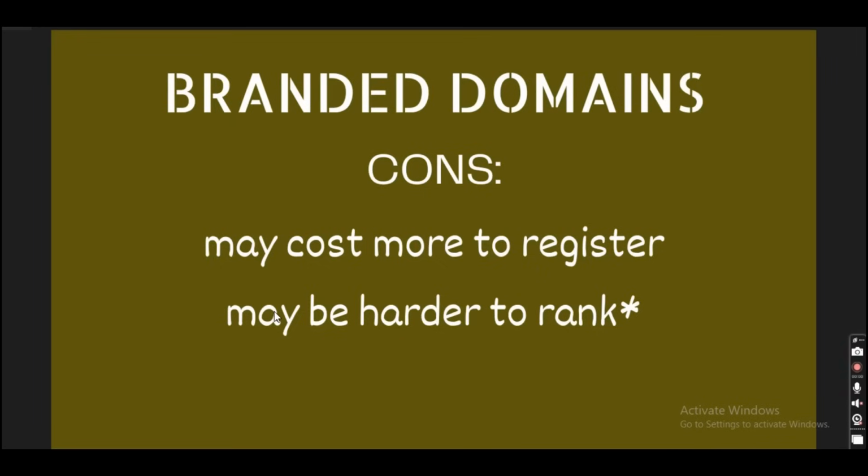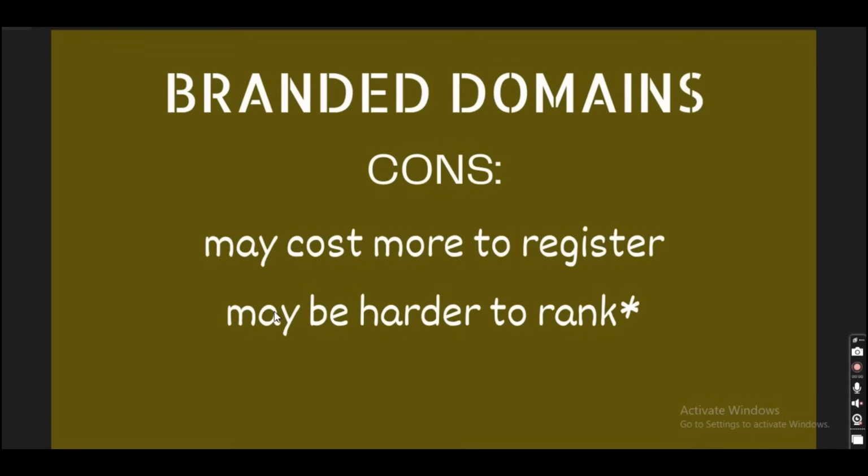So because you're using your own name, if you pick something like Daryl Wilson, it doesn't have anything like paint there, so it may take a little time for it to rank. It may be a little bit harder to rank, so it may take you longer to rank.